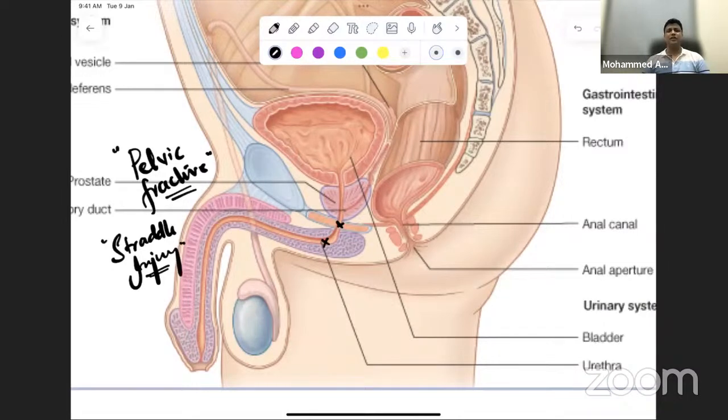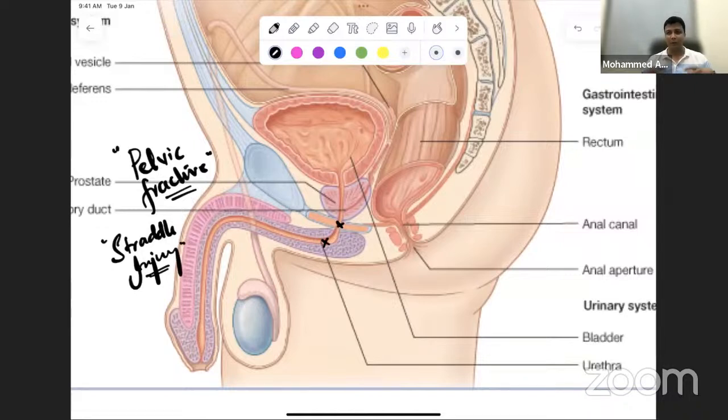Now, straddle injury, I think you know the word. For example, a boy or a person is riding a bicycle on a bumpy road. Normally, nowadays in the rainy season, our roads often get damaged.